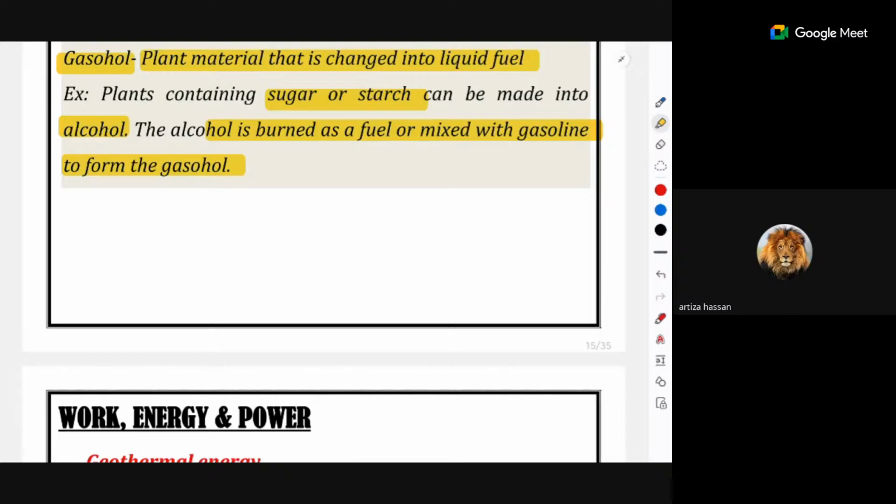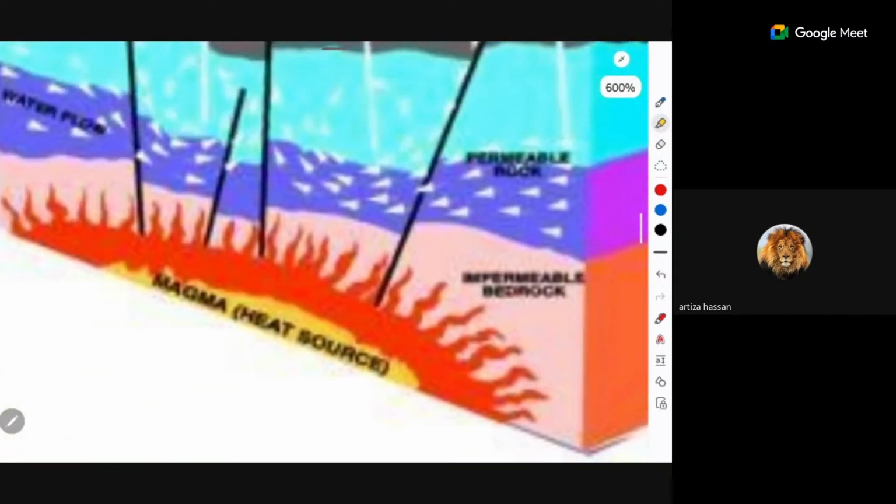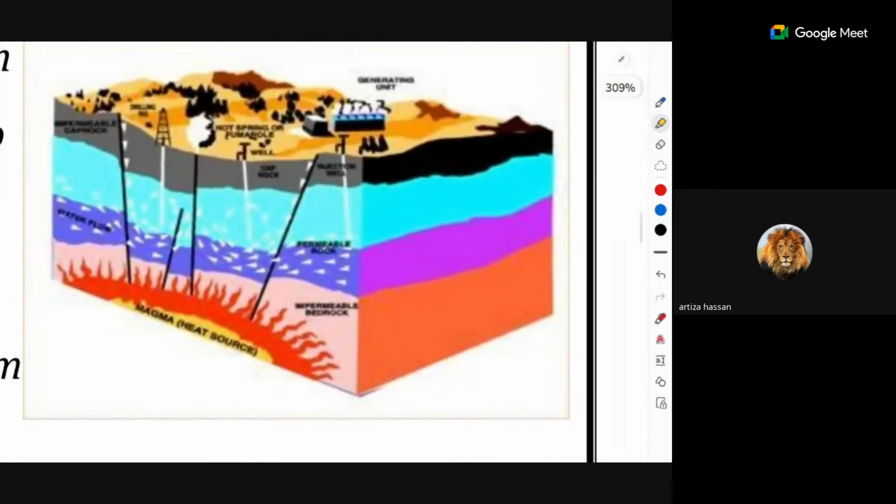Okay? So right after that you have geothermal energy. Geothermal energy is a sort of energy in which what do we do? Our earth has a hot crust inside. There is magma inside, and that magma causes a huge amount of heat in this area.